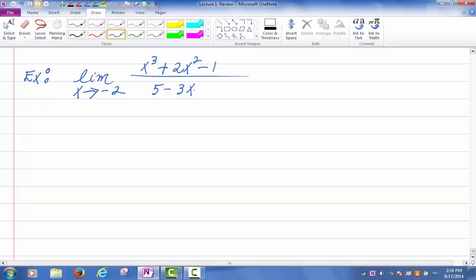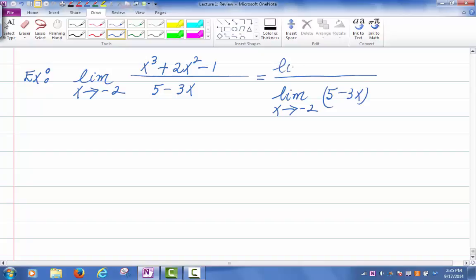Rule number 3 says, how do I compute the limit of f divided by g? Well, I just take the limit of the numerator divided by the limit of the denominator, as long as the limit of the denominator is not 0. Notice that, what's the limit of the denominator here? We already took it. I know that it's not 0, right? And since it's a polynomial, I can find the limit by just plugging in the limiting point.